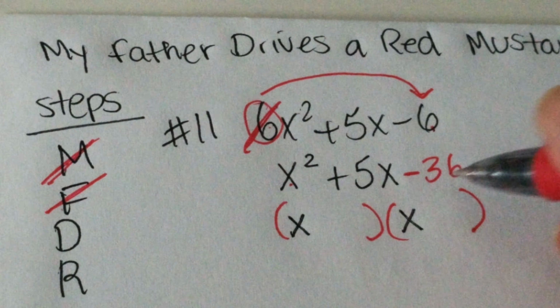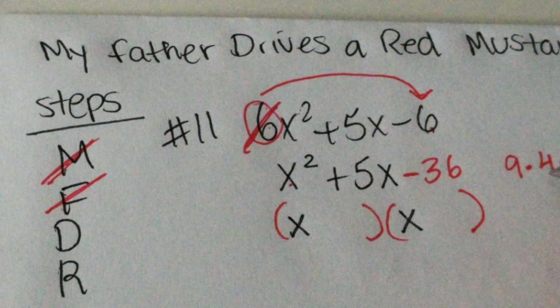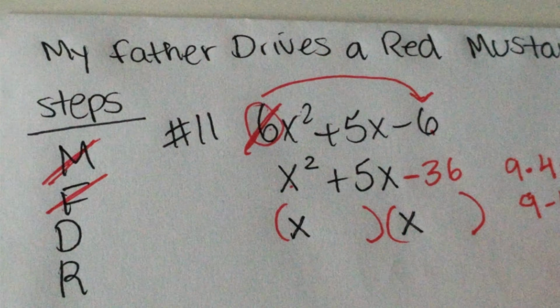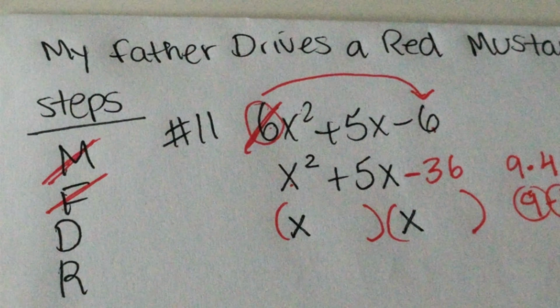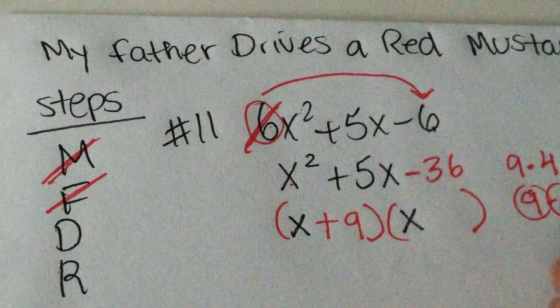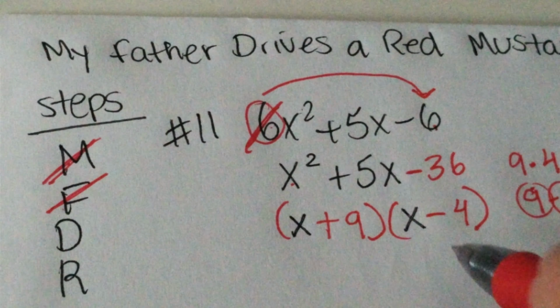But one of them has to be negative because this is negative 36. So it will have to be the 4. 9 minus 4 will give you 5, and that's what we want. So these are our numbers. This will be positive 9 and the 4 will be negative. So these are our factors.